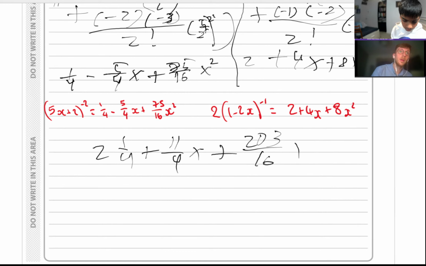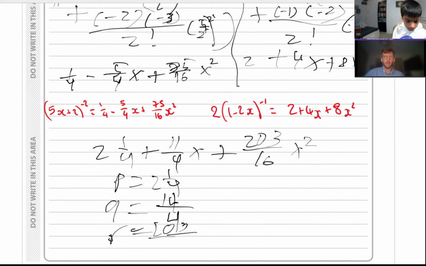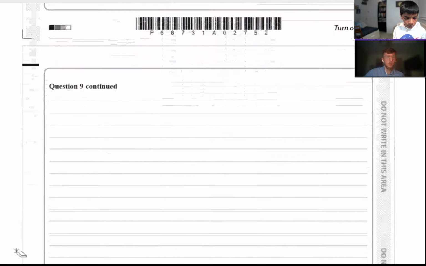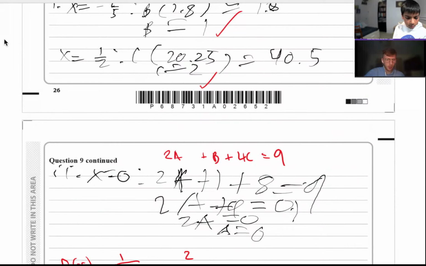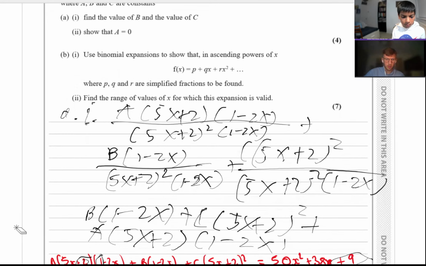Brilliant. Excellent. Fantastic, yeah. Well done. So that's our final expansion for f of x. And r is 203 over 16. You think q is 11 over 4, you've got 11 over 4 now, so it looks like you've got 11 over 4 for q.